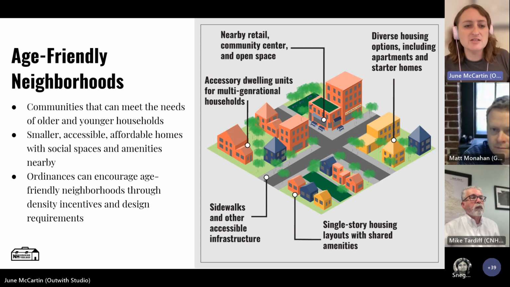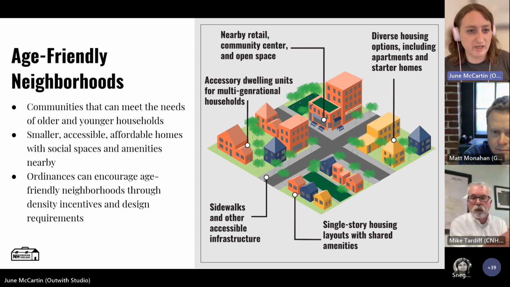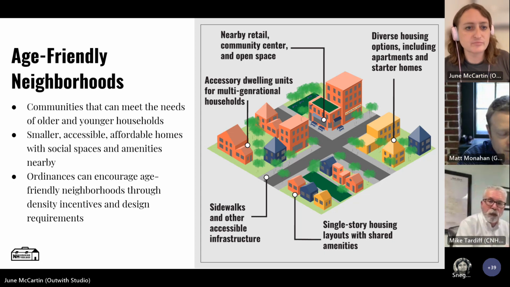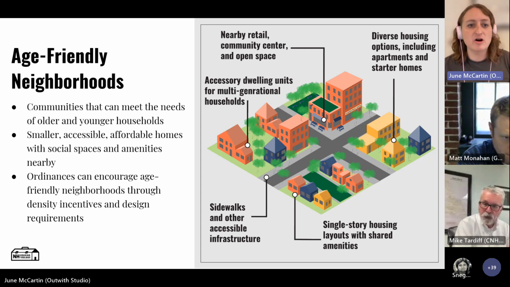Now, there's a class of ordinances that a town can look at around age-friendly neighborhoods as a way to encourage this. They often encourage this kind of development through incentives, something that might look like inclusionary zoning, and then design requirements.